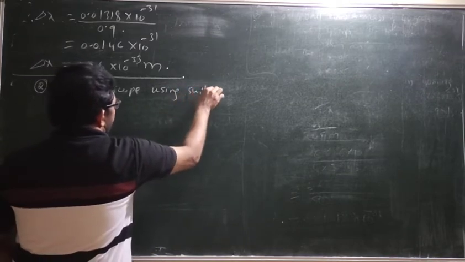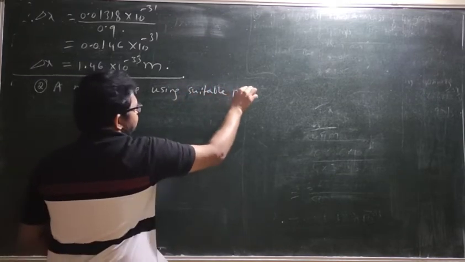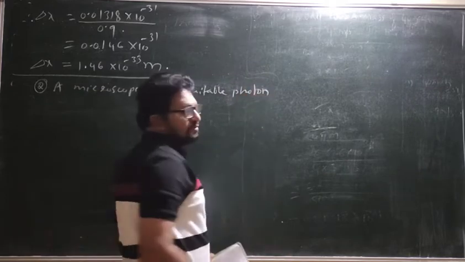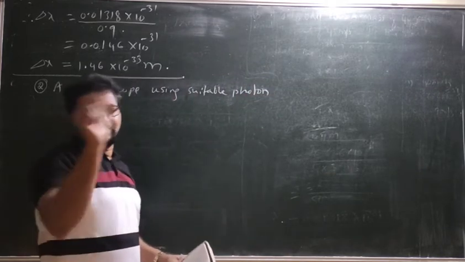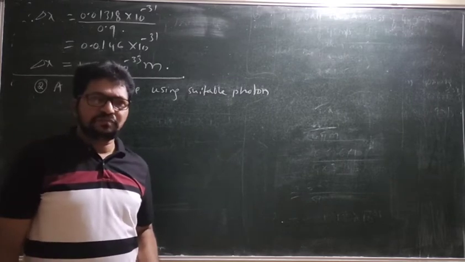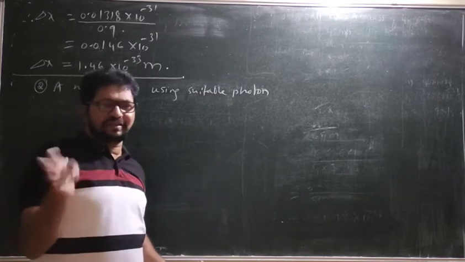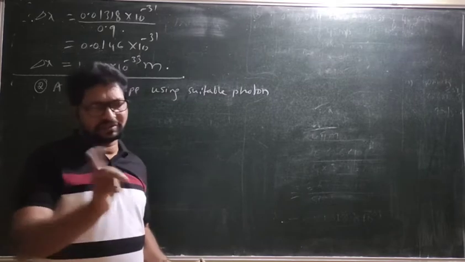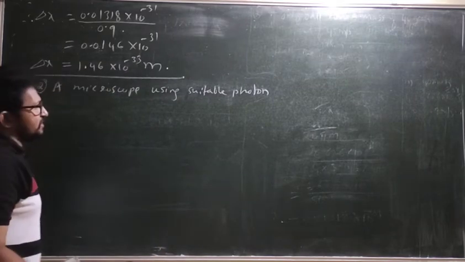Suitable photon means what? Some radiation. How can you see by your eye? No, you have to use some radiation to detect the position and velocity.